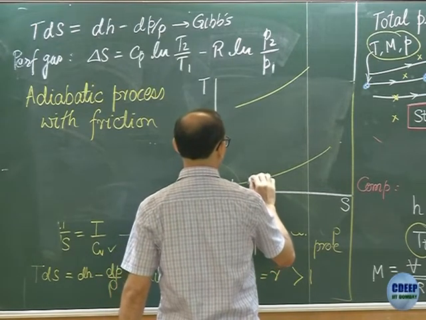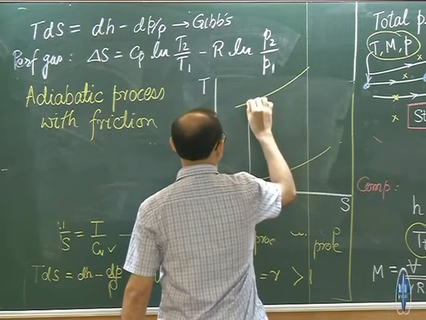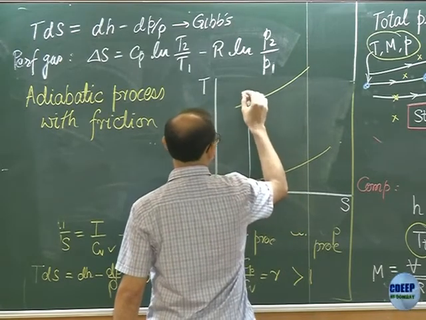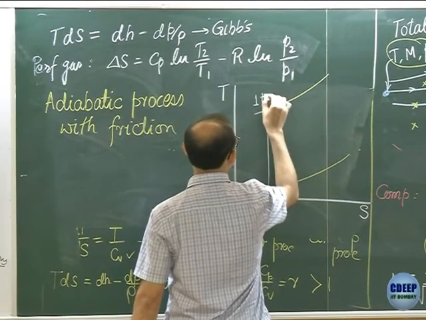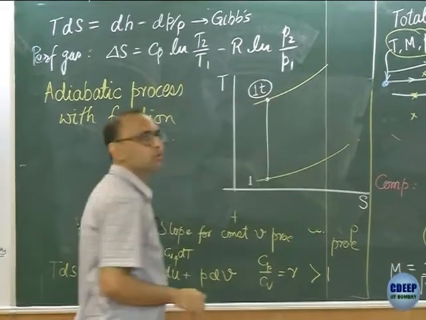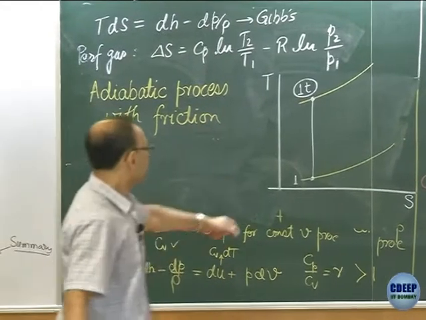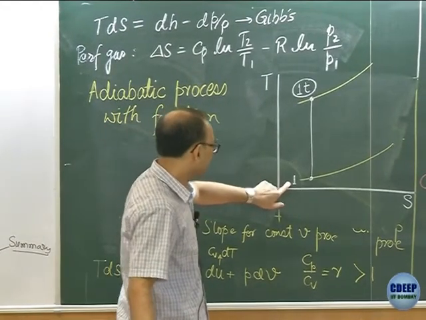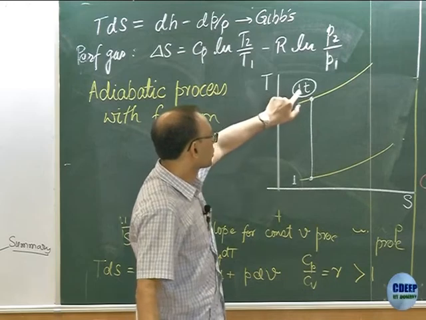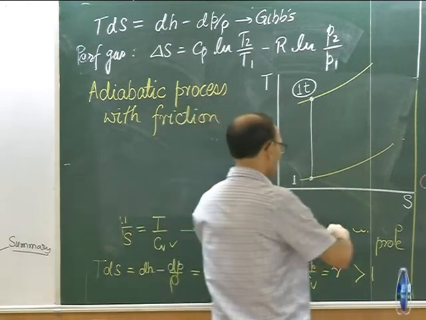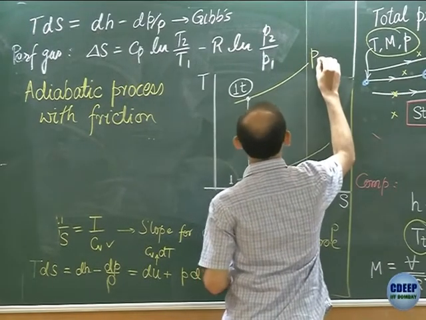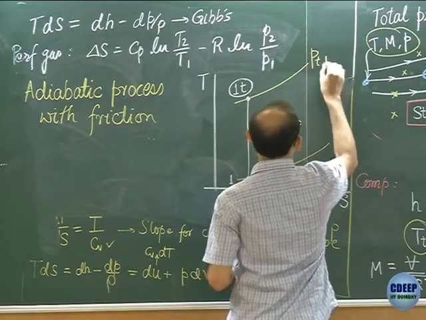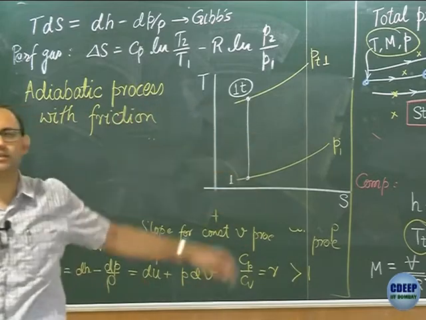Corresponding to 1, I have the stagnation point. In fact, many times we use the notation T for total. So static values at 1 are placed here, total temperature, total pressure are placed here. So let me complete the picture by saying this is P1, this is PT1, let's say.